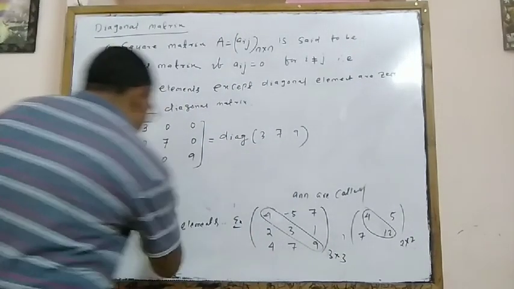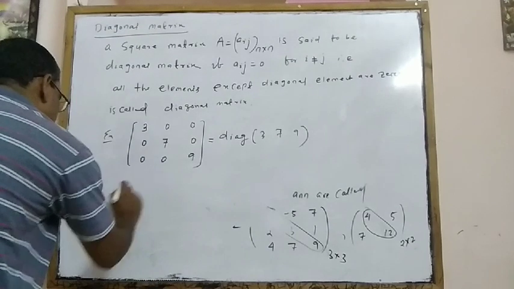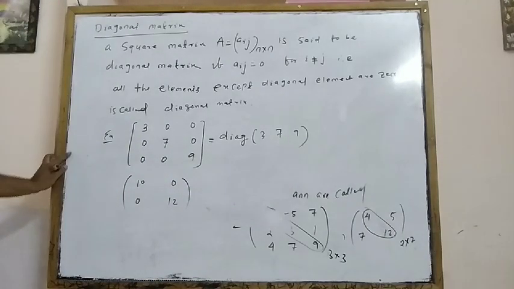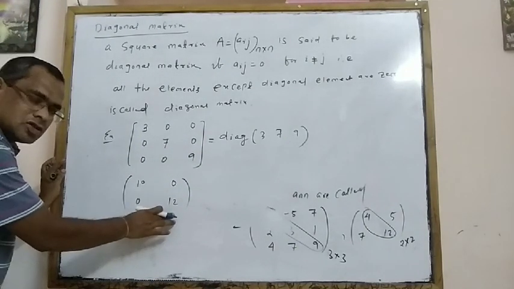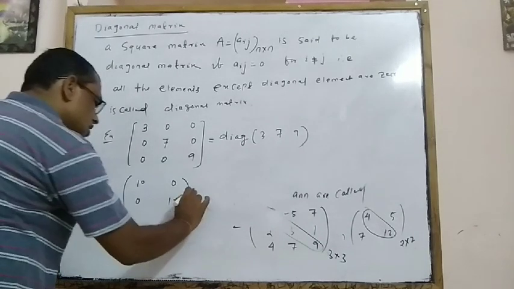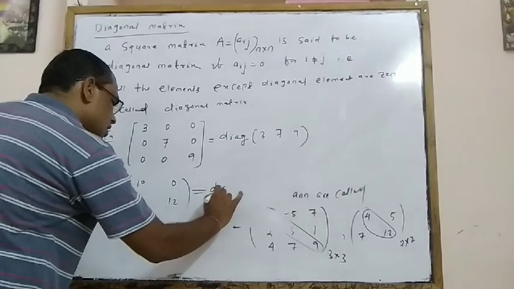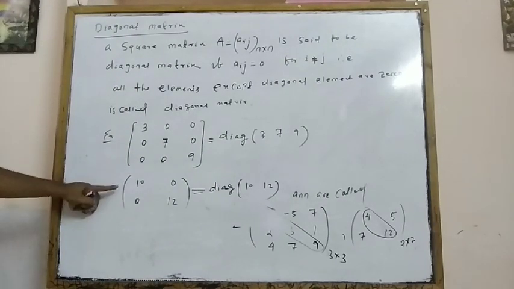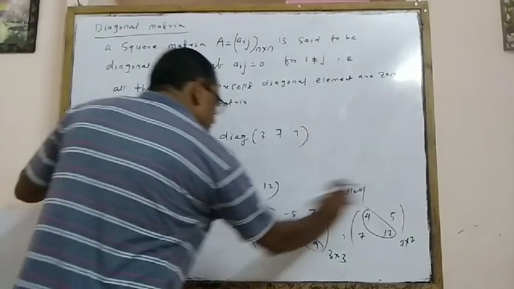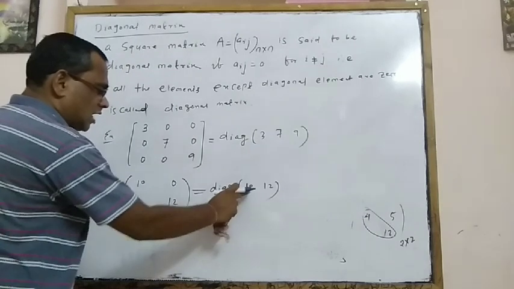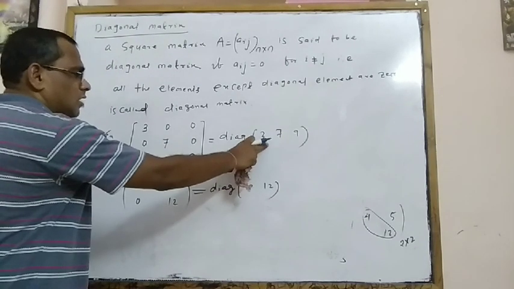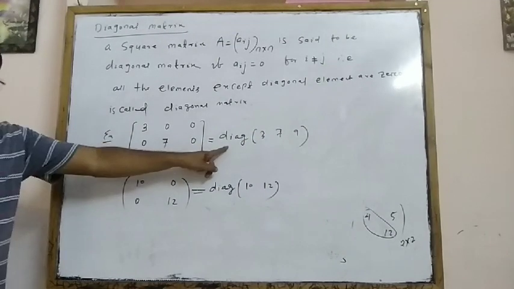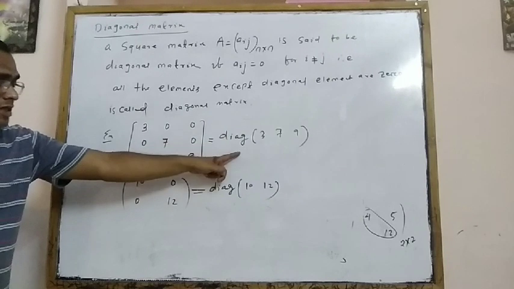Let's take another example of second order: 10, 0; 0, 1. This is also a diagonal matrix because diagonal elements are non-zero and non-diagonal elements are 0, and it is represented as diag(10, 1). Diag(10, 1) means a square matrix of order 2, and diag(3, 7, 9) means a square matrix of order 3, with all other elements 0.